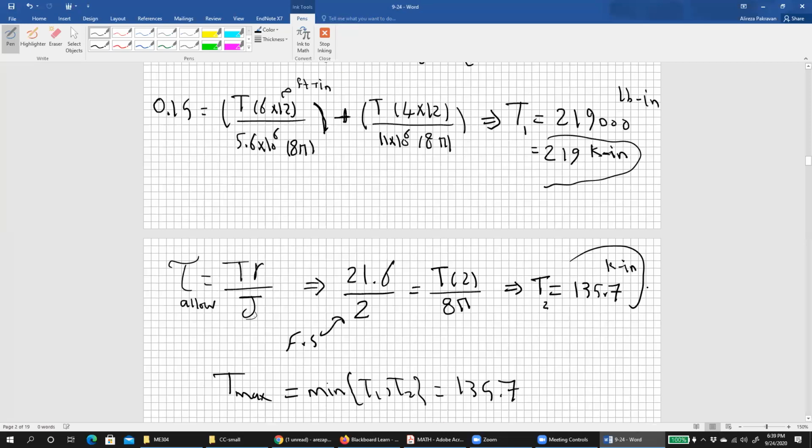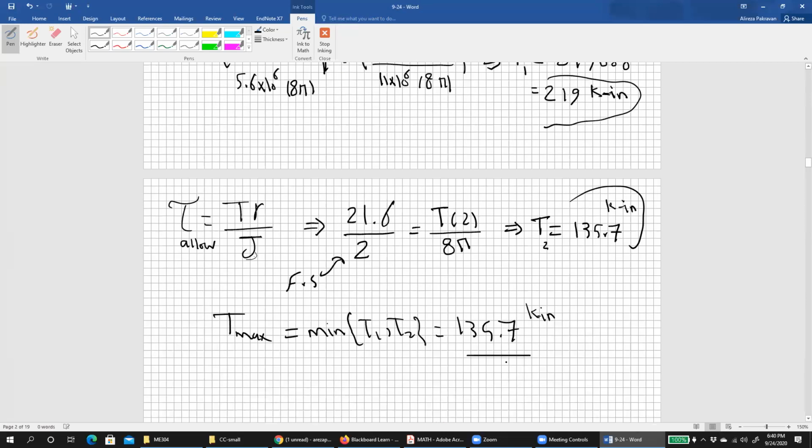If we pick this one and put it here, then tau would be greater than tau allowable, right? So that's the answer, right?